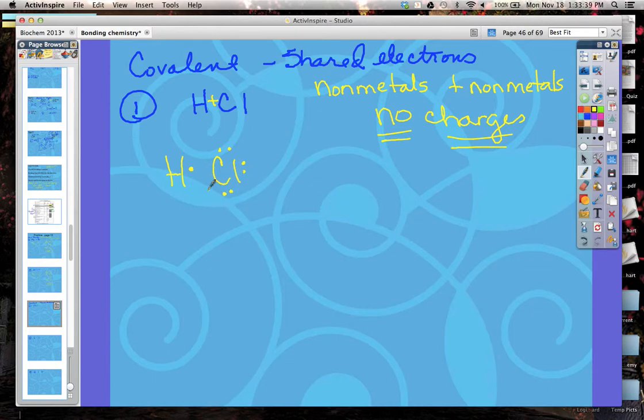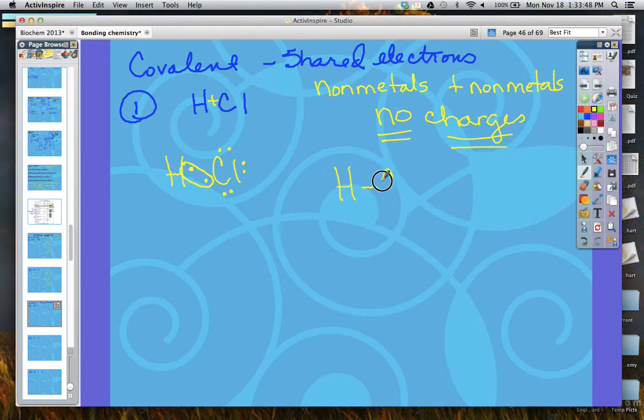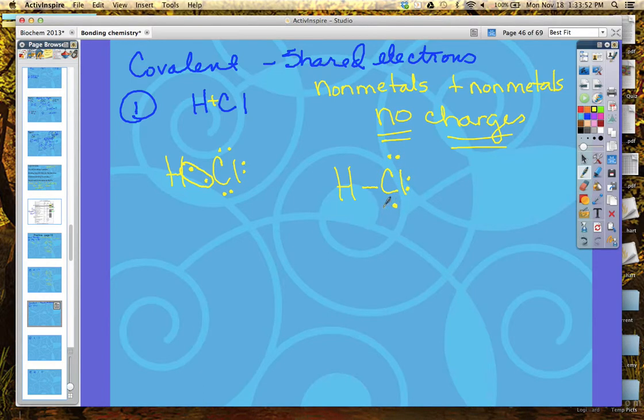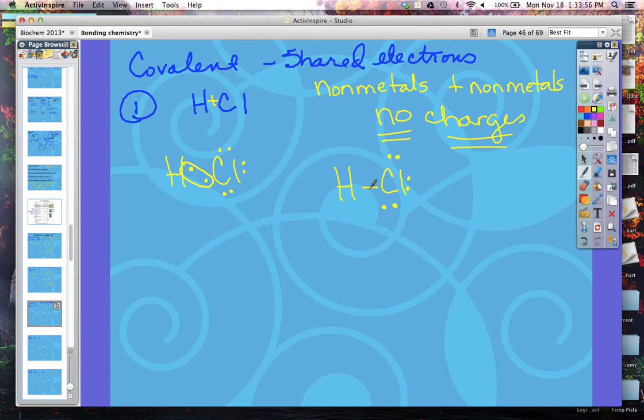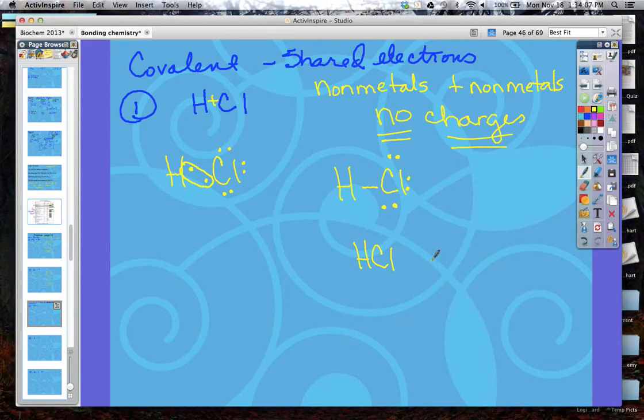So that means that they are going to need to share this pair of electrons, and I draw that by a line between the two representing a bonded pair of electrons. And that gives me 6 electrons out here for chlorine, plus my 2 shared electrons here gives me 8, and that gives me 2 for hydrogen. So my formula is HCl. You notice I didn't write that it gained or lost any because they're not gaining or losing, they're just sharing with each other.